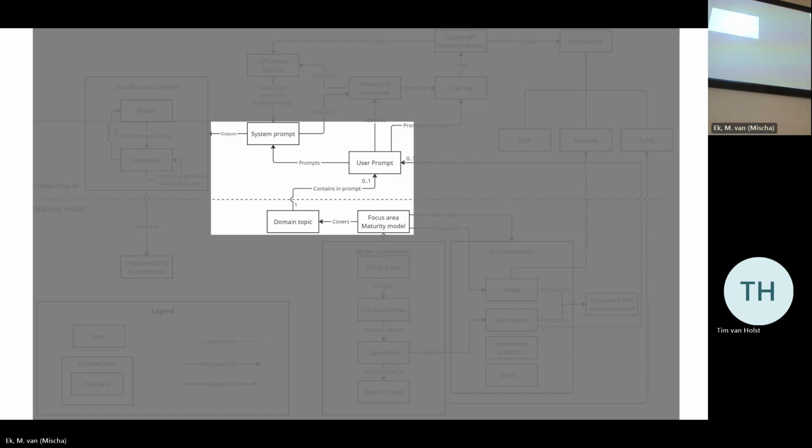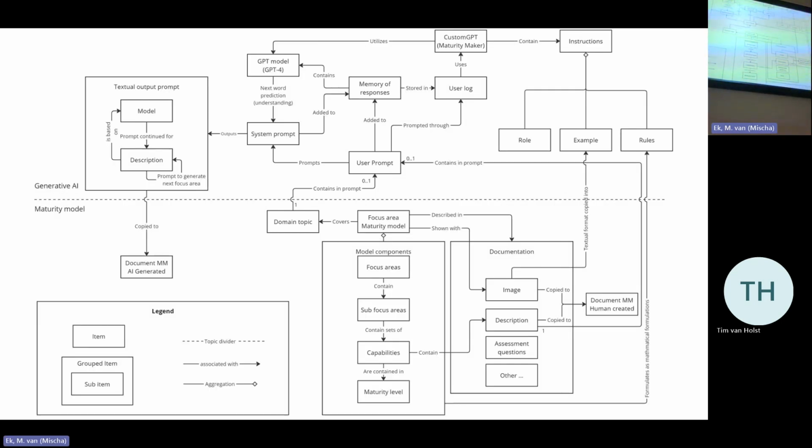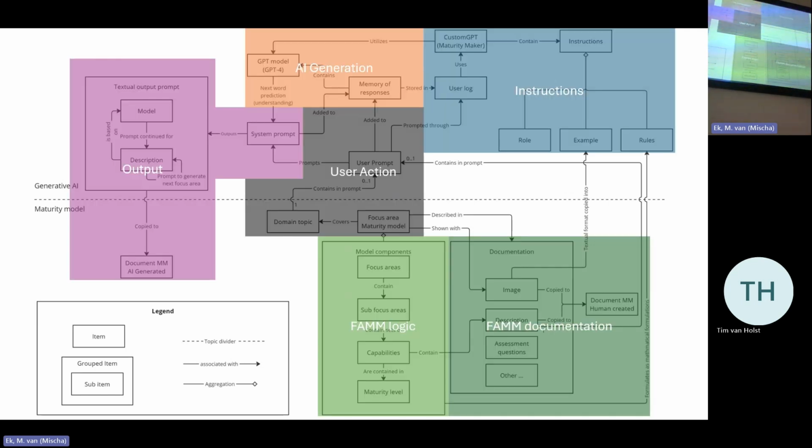And everything around it is a bit too much, but it's like I do an action. That action requires instructions. For those instructions, AI generation takes place, and AI generation output is done, and I get a separate document. And these instructions are with the help of the documentation and the logic of the focus area maturity model.